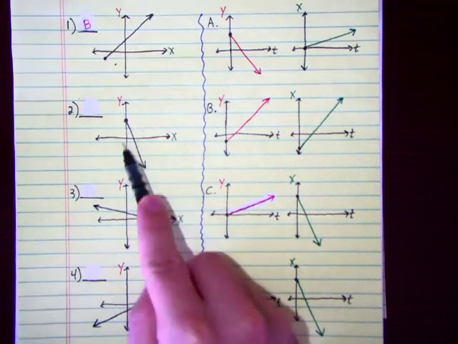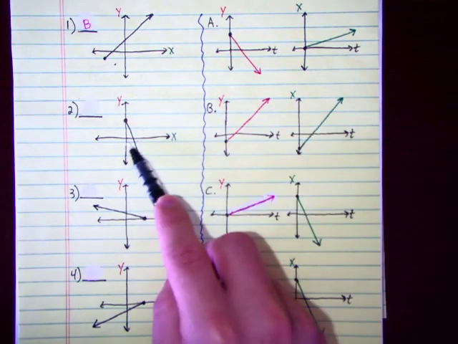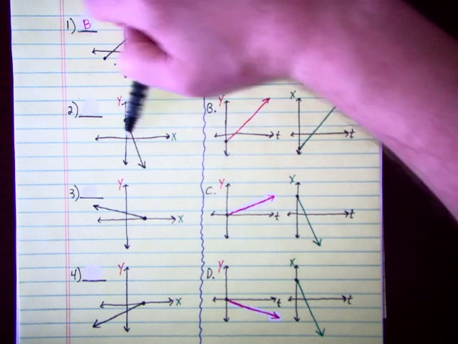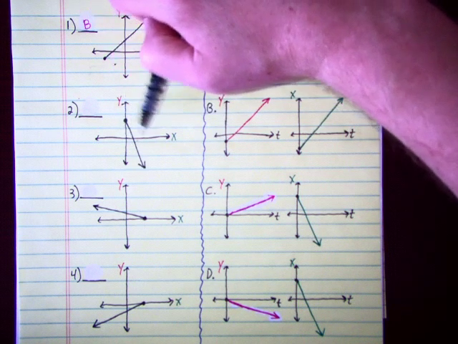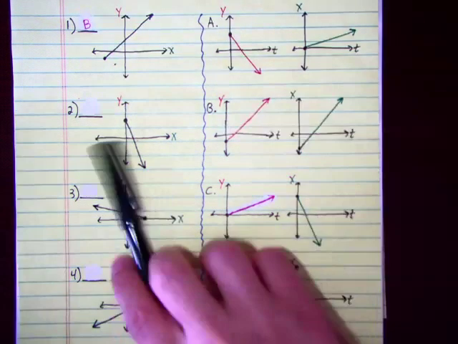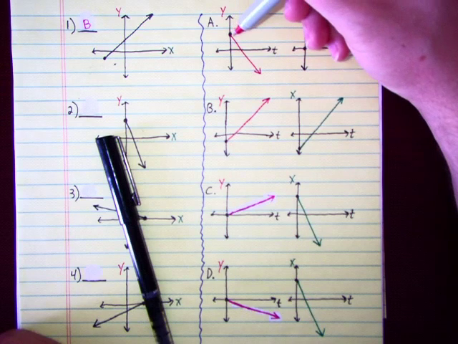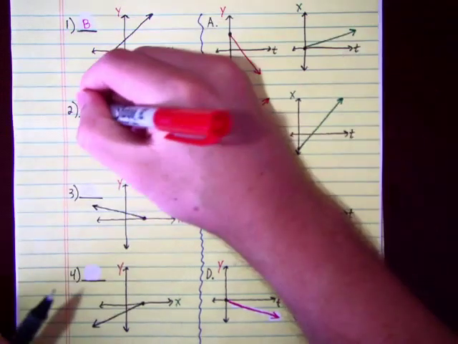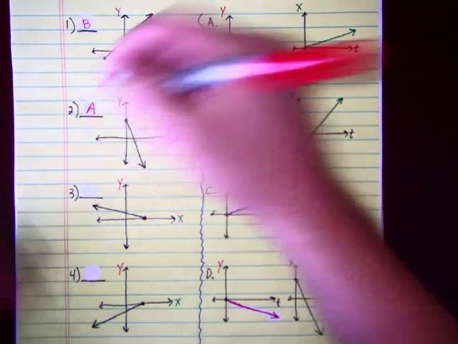Got it. Okay, x-coordinate is increasing, but more slowly than the y-coordinate is decreasing. Y is decreasing rapidly, x is increasing slowly. Which graphs match that? Here we have y decreasing pretty rapidly and x increasing kind of slowly. Therefore, it matches set A.